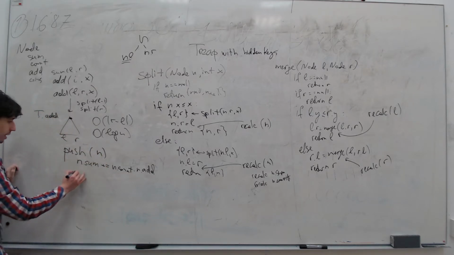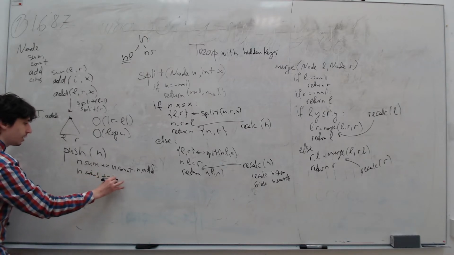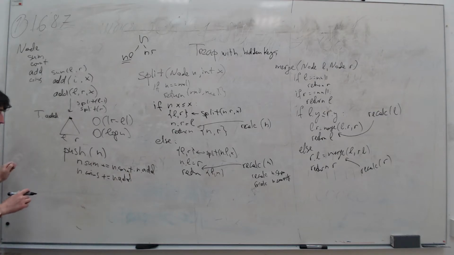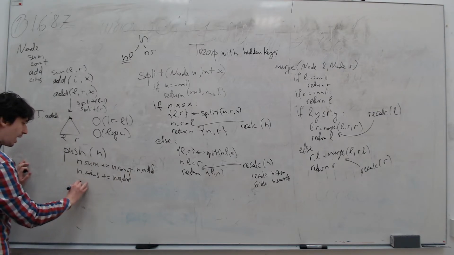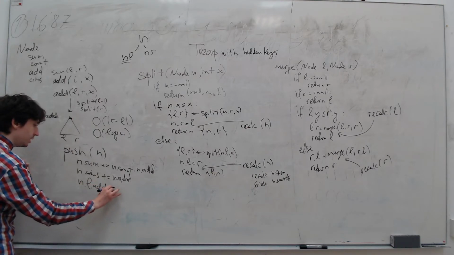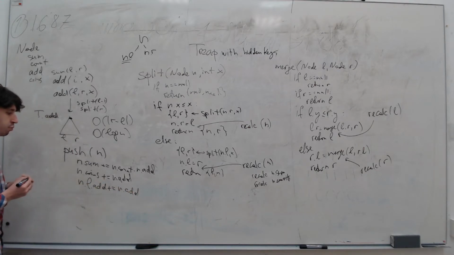Then I say n dot coins plus equals n dot add. Then I say n dot l dot add plus equals n dot add. So I push to the left child.